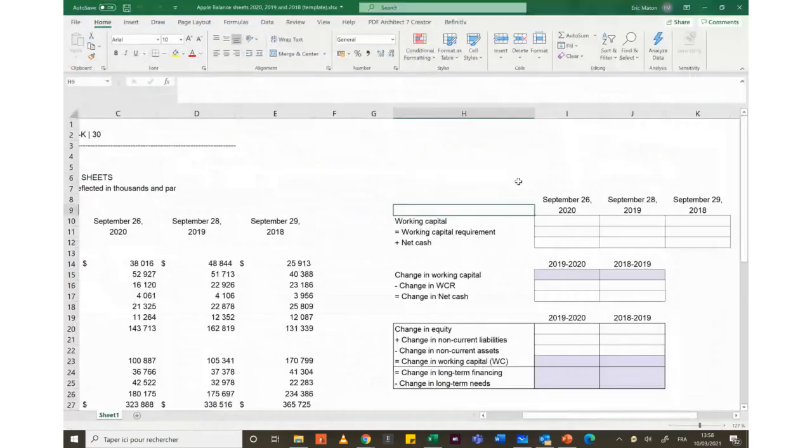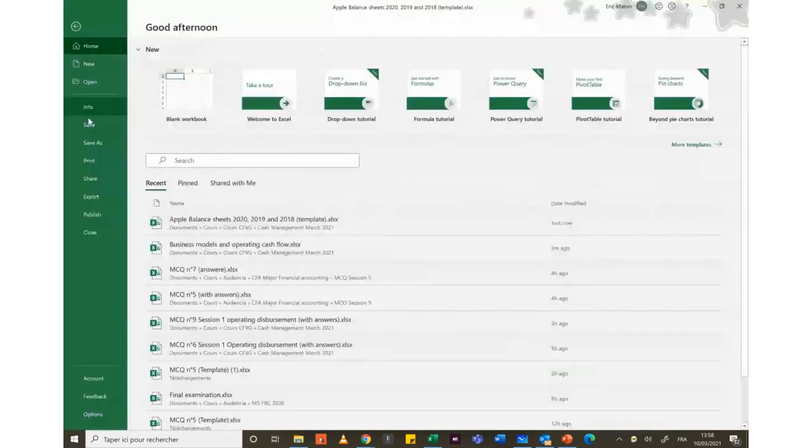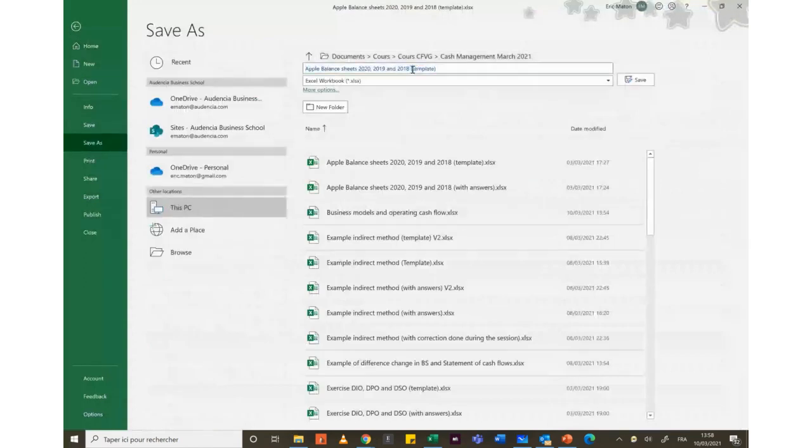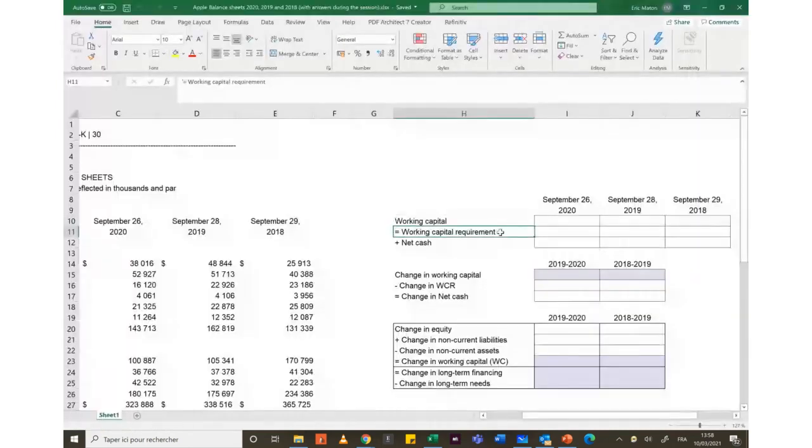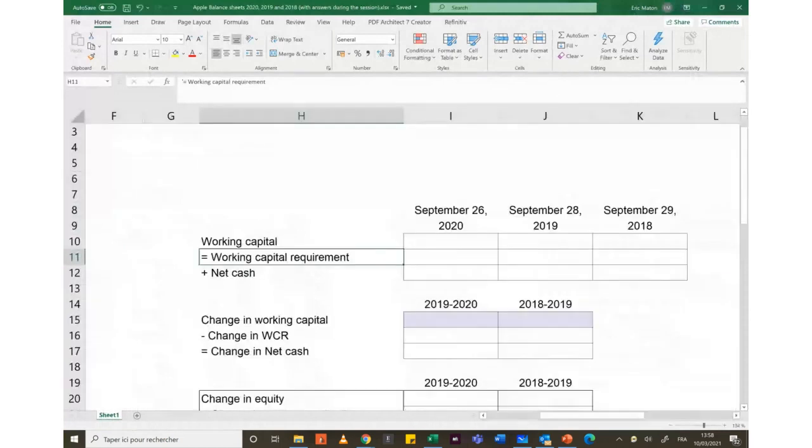And what I want, I put with answers. So what we want is to calculate the working capital. The closing date for Apple is the last Saturday of September. So we want the working capital at the last Saturday of September 2020, 2019, 2018.